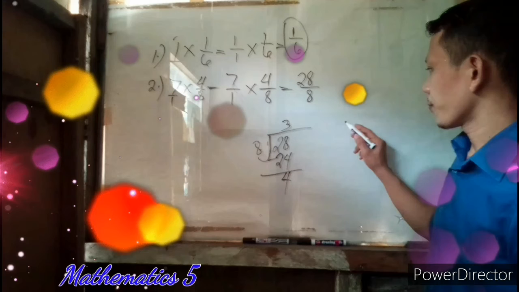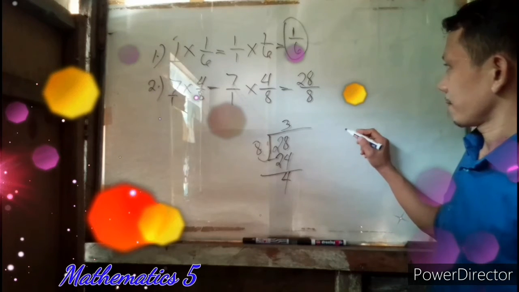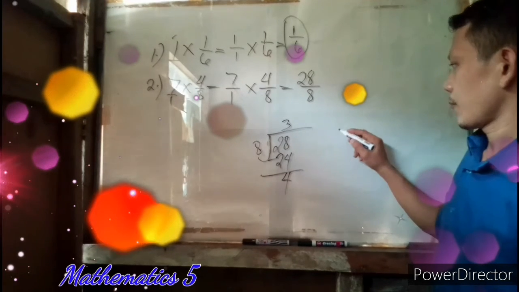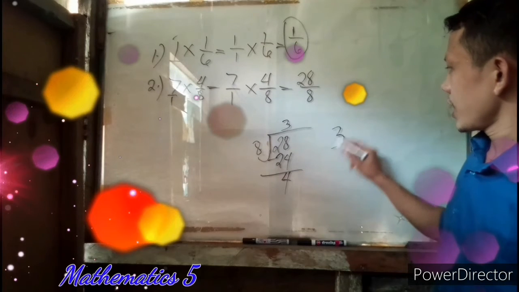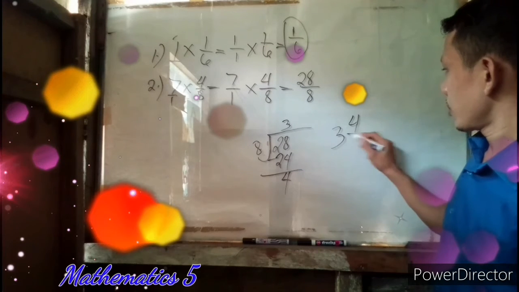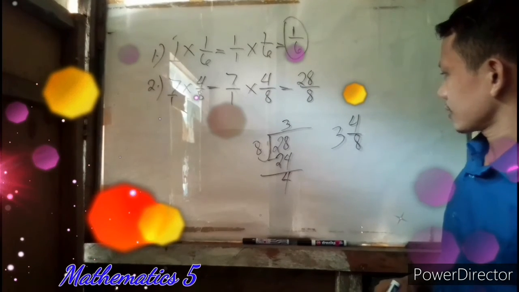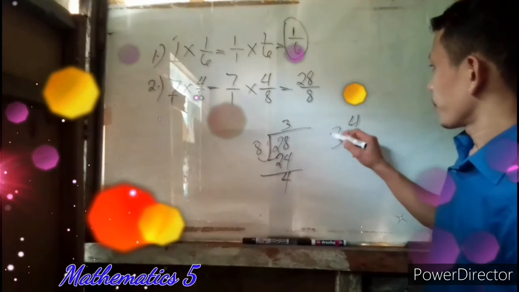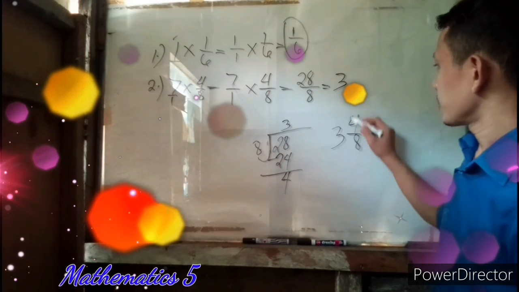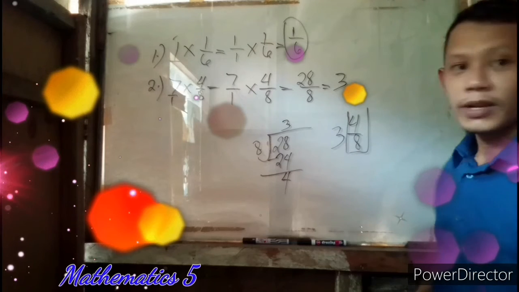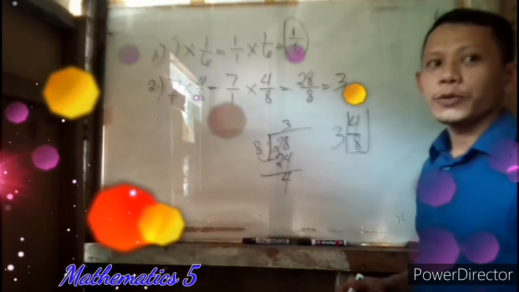So we have 3 and 4/8. We are going to simplify again into lowest form.